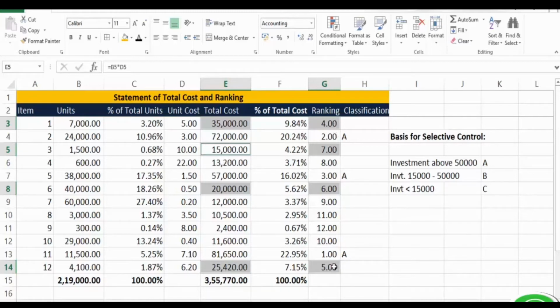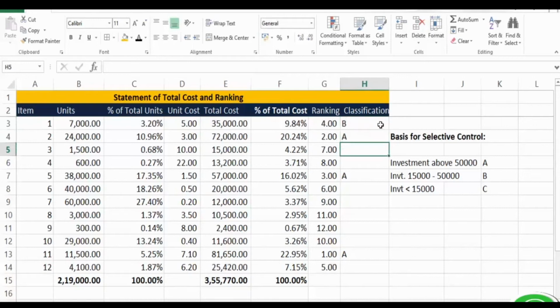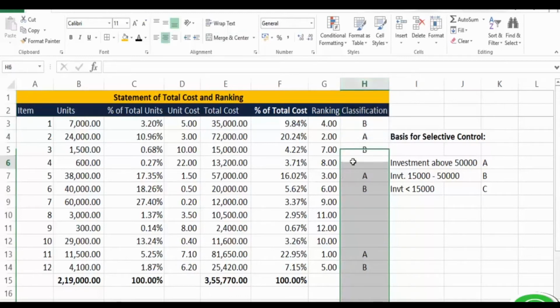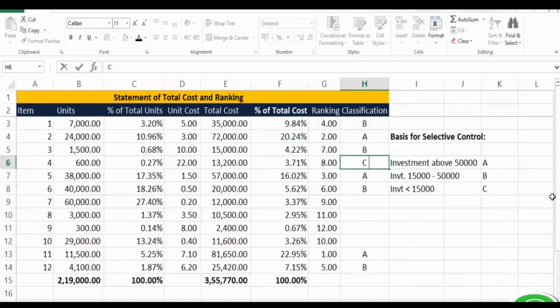So all these 4, 5, 6, 7 should be classified under B. So let's do that. These should be classified under B, and that is done. Then the balance should obviously be C. So whatever is the balance, I'm going to classify that as C.